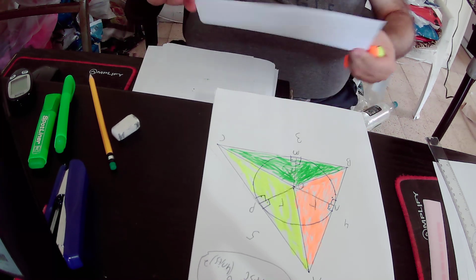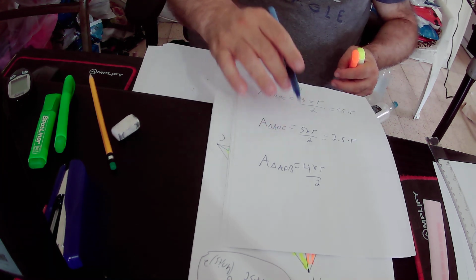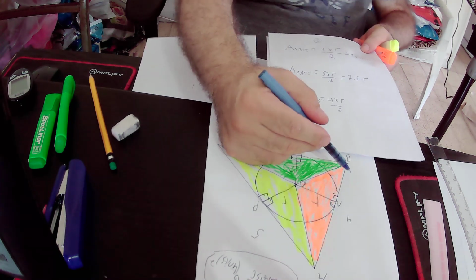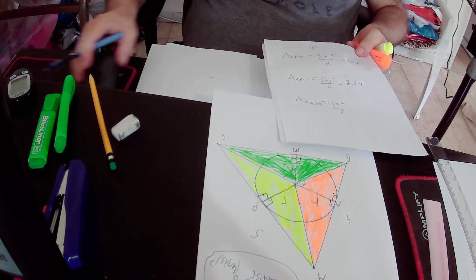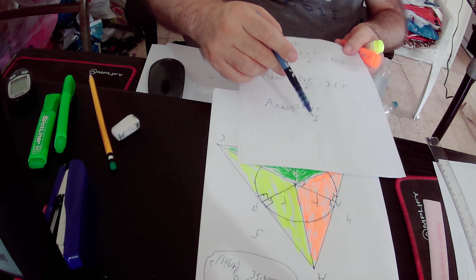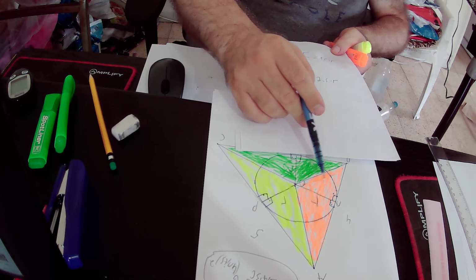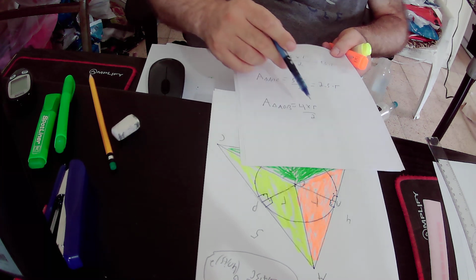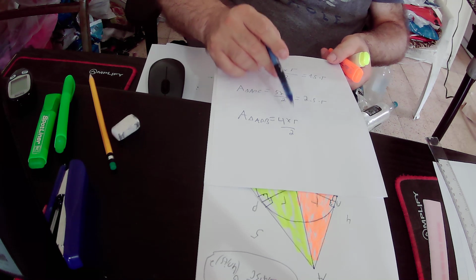So the area of the orange triangle, triangle AOB, equals the base, that is 4, according to what was given in the question, times the height, that is the radius, because it creates 90 degrees with the base, all divided by 2. So it is 4 times r divided by 2.